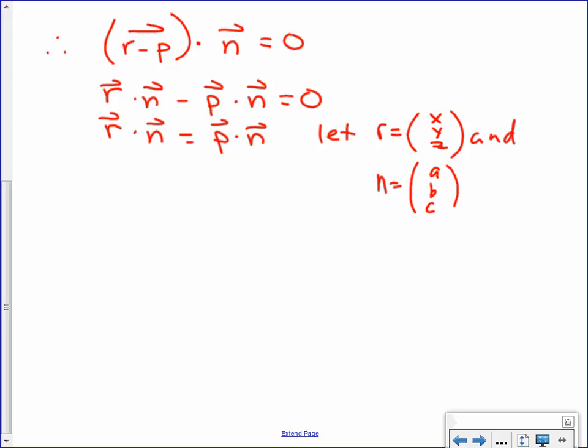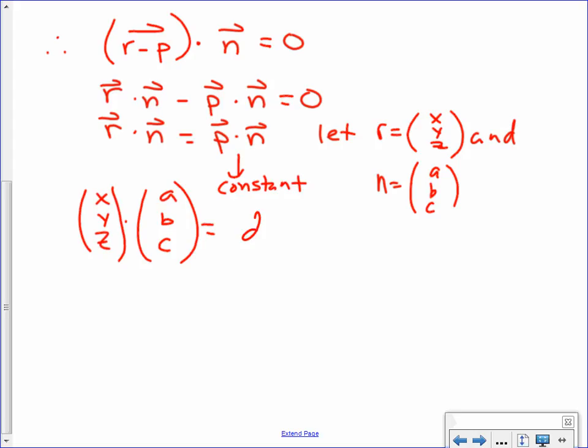Then this equation becomes (x, y, z) dot (a, b, c) equals P dot n, which is a constant. Since this is a constant, it's going to be d. So ax plus by plus cz equals d is the Cartesian equation. Normal is pretty easy to pull out. Just pull out the coefficients. All right, we'll get back to this one in a second.